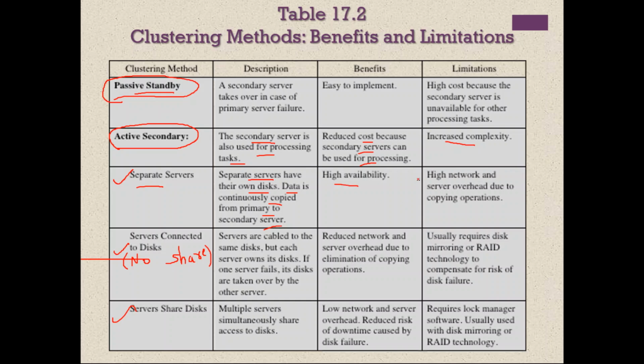The disadvantage is an overburden on the network and on the server, because the primary server must always copy everything to the secondary server. The network will be overloaded, and the server also will be overloaded due to continuous copying. So this is what is called separate servers under active secondary.